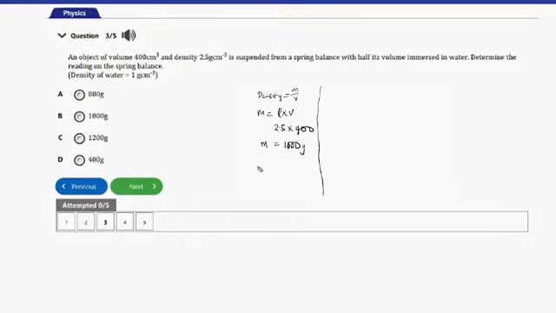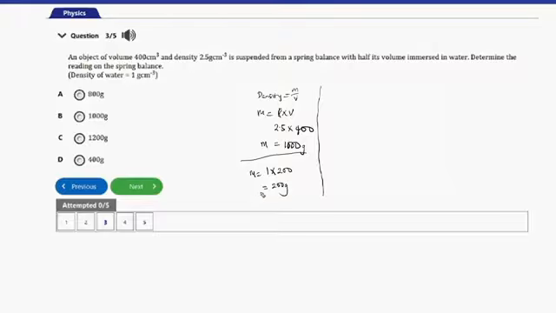So we're also going to check for the part immersed in water. Since the density of water is 1 gram per cm cube, the mass for this part is going to be 1 gram per cm cube times half the volume, that's 200 cm cube, and this will give us 200 grams.